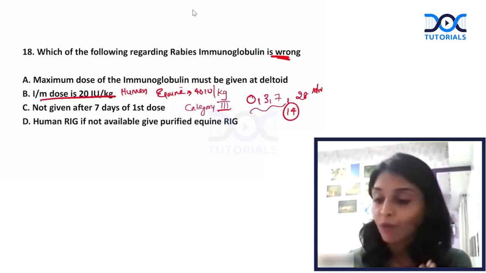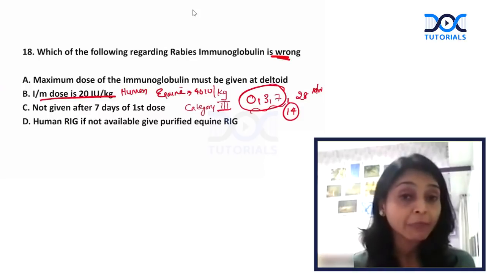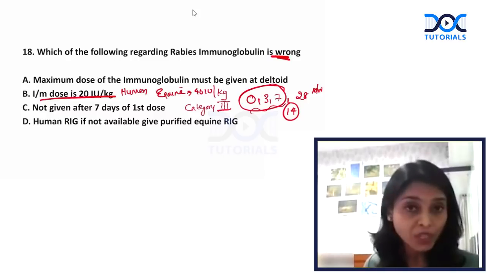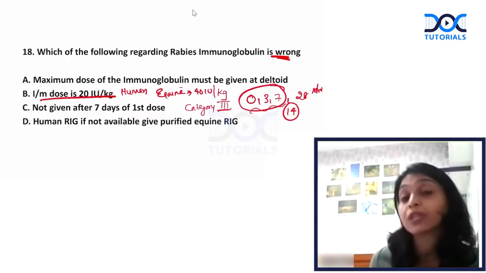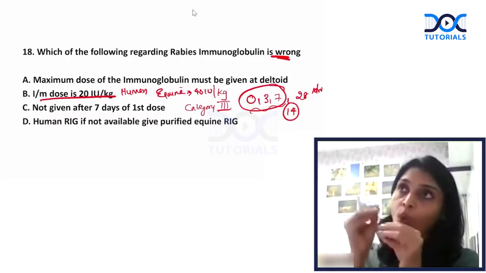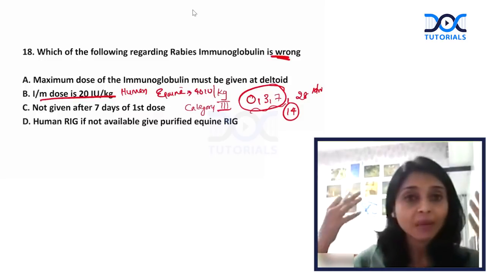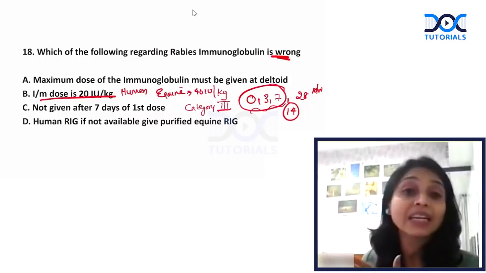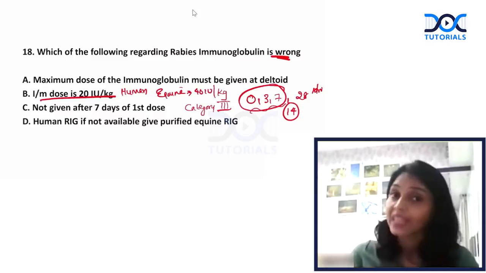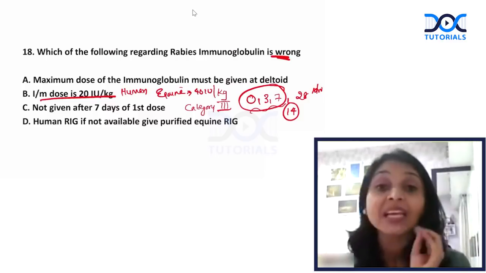And once you give these 3 doses, it will take some time for immunity or antibodies to develop. By that time, the problem is if the patient has got a high-risk bite or high-risk exposure, by the time the antibodies slowly start developing, this virus would have ascended and it will easily reach the brain, giving rabies disease to the patient, right? So you can't wait in high-risk patients. So what you do is, along with this vaccine, you should also give antibody from outside, which is immunoglobulin.